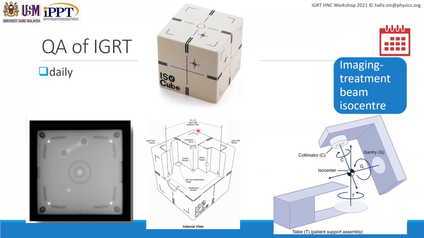And when we image the isocube, the center of this radio-opaque marker should also match the center of the imaging. When we register the two and check the difference, we get the imaging and treatment beam isocenter coincidence.